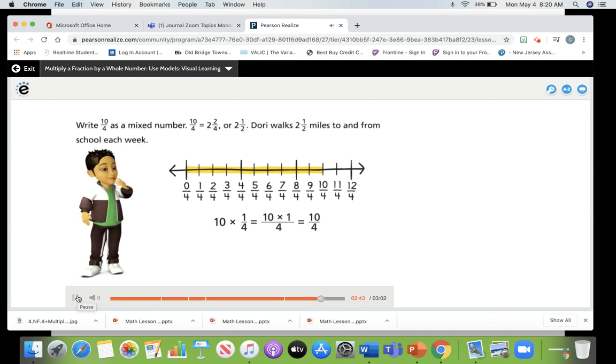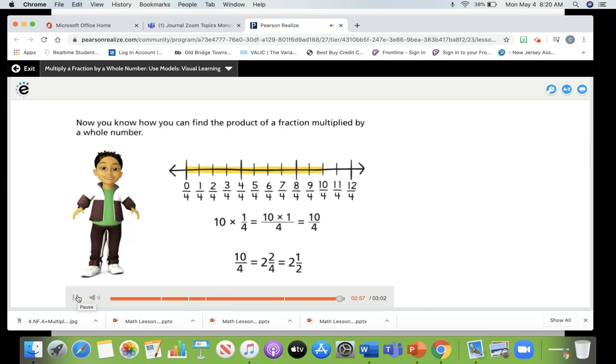Write 10/4 as a mixed number. 10/4 equals 2 2/4, or 2 1/2. Dory walks 2 1/2 miles to and from school each week. Now you know how you can find the product of a fraction multiplied by a whole number.